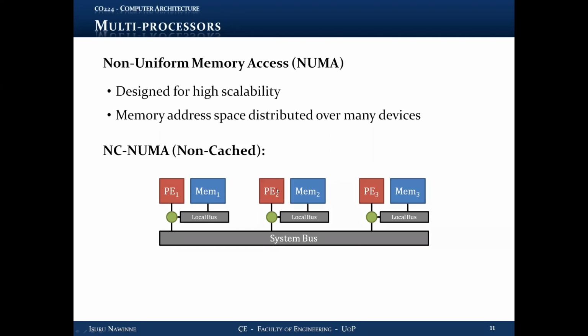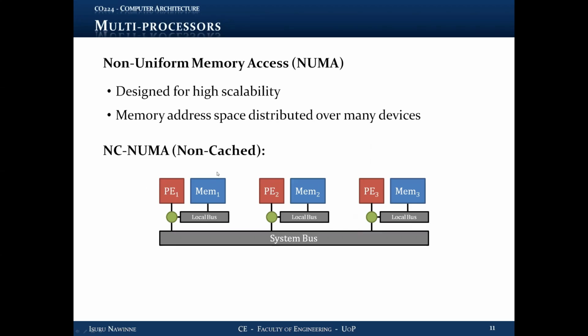But processing element 2, if you want to access the same address in memory 1, you have to go through the system bus, travel a longer distance, and go through the local bus of processing element 1's subsystem to access memory 1, right? So it's going to take around 4 or 5 times more clock cycles compared to accessing local memory.